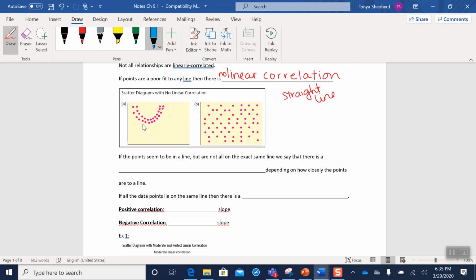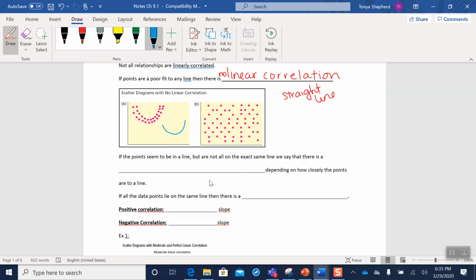If I were going to draw a picture of what this data looks like, I'd probably go like that. It kind of looks like a happy face. So this data does not resemble a straight line. It resembles a happy face, so that's no linear correlation. Over here, these dots are just everywhere. This has no shape or pattern to it whatsoever. So that's why both of these are said to have no linear correlation.